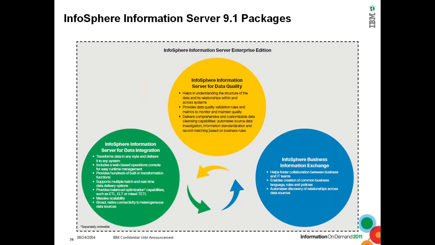I'll give you greater detail later. The second one is Information Server for Data Quality. As the name goes, it is basically targeted towards data quality initiatives: standardization, enrichment, survivorship, and discovering anomalies in the data.